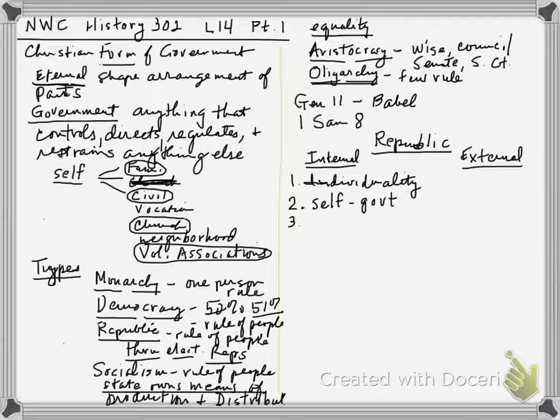And number 3, Christian character. So character being those things that are stamped in us, pressed in us through difficulties, through trials. We have things that are cut into us, that are engraved on our heart.